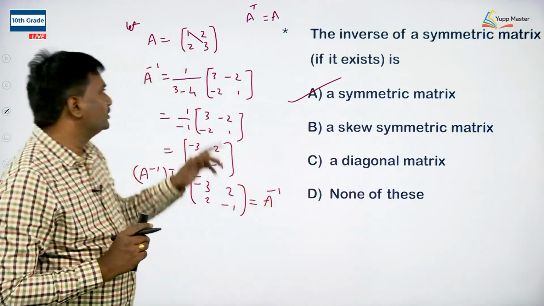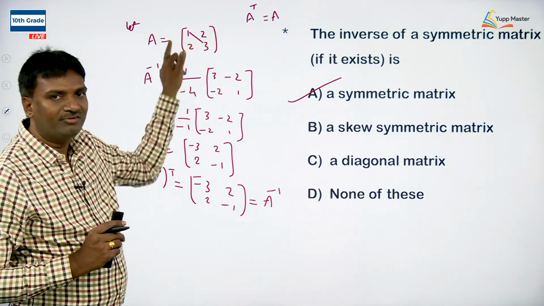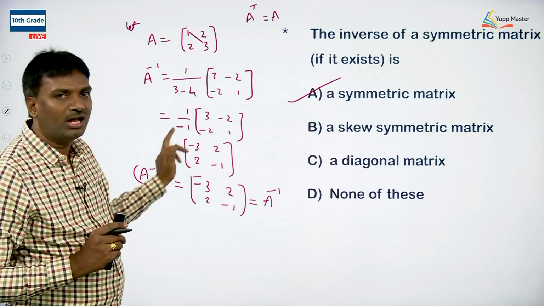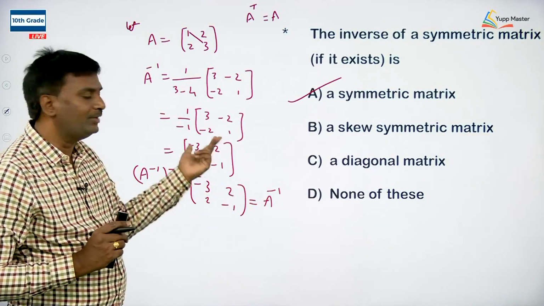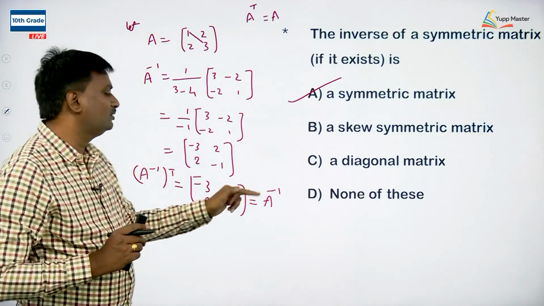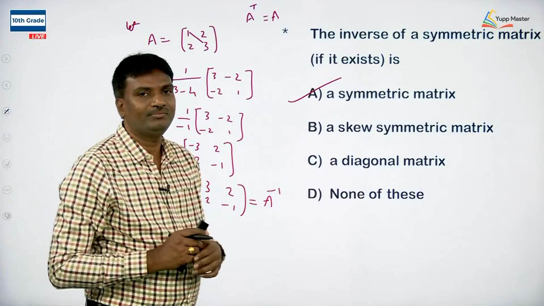By taking a 2 cross 2 symmetric matrix like A equal to [1 2; 2 3] and finding its inverse, we got A inverse equal to this. By interchanging the rows and columns there is no change, we again get the same matrix A inverse, that is why A inverse whole transpose equal to A inverse. So this matrix is also a symmetric matrix.